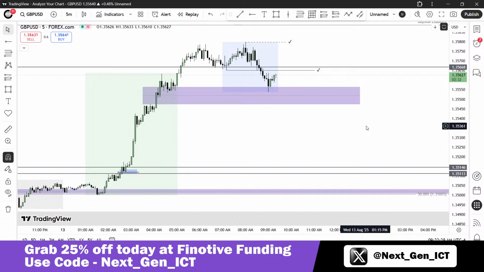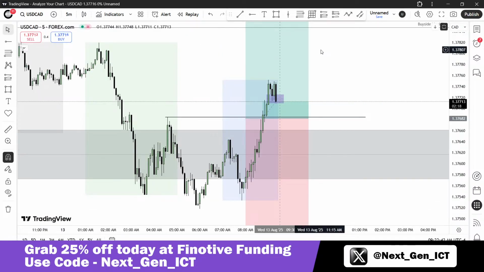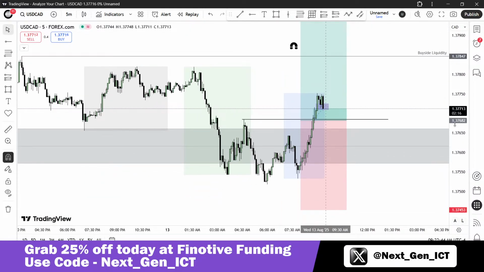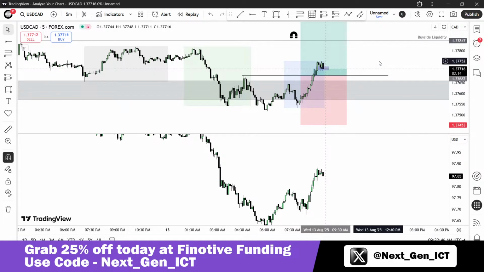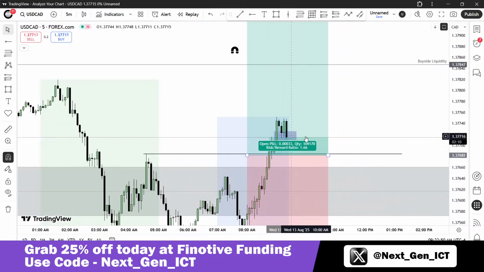But you can look for setups on GU, or just wait for GU to come above this low. Euro is testing that fair value gap one more time.